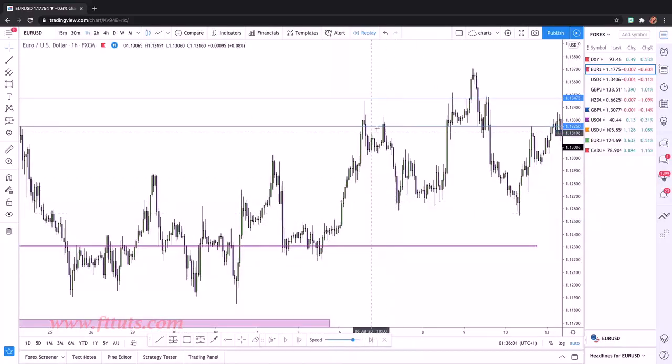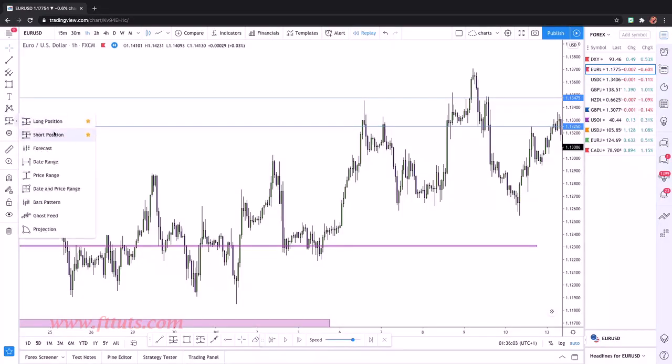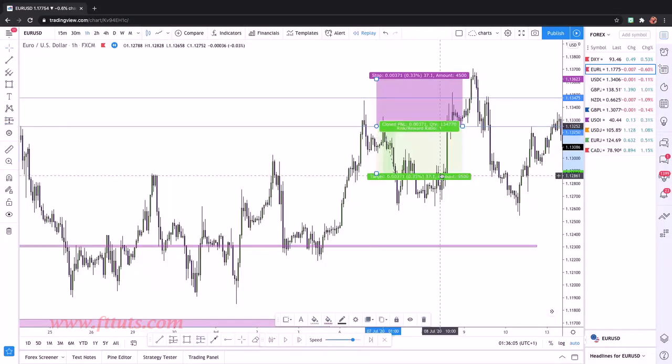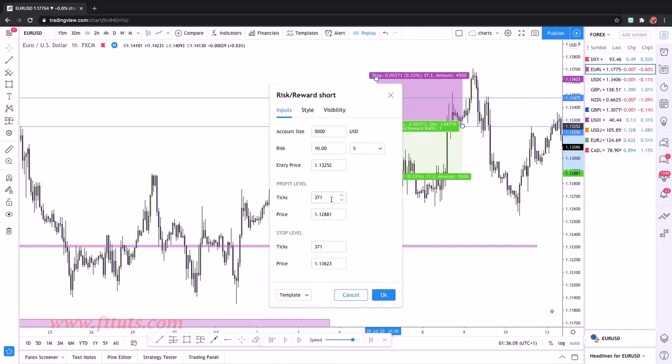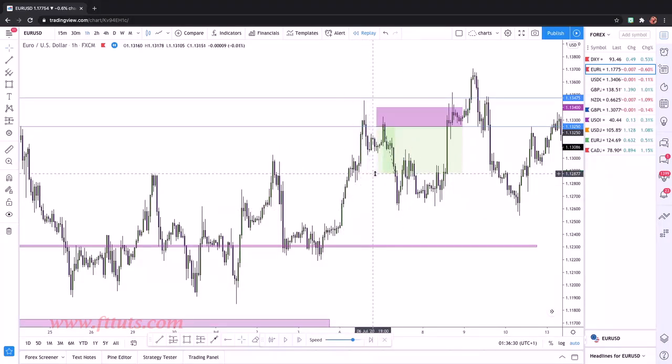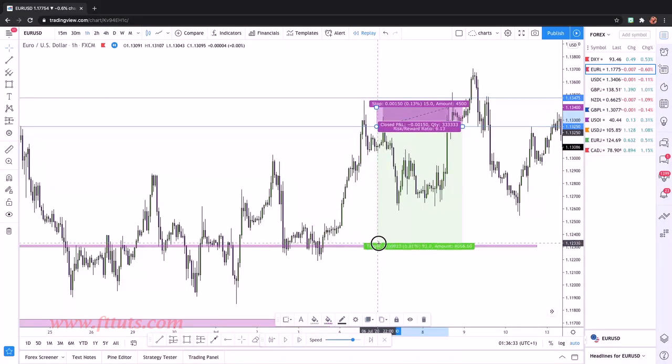So what ends up happening, I'm just showing you what can happen in messy price action situations, just so you're prepared for it. 15 pip stop loss, and then our first target would be down here, right?